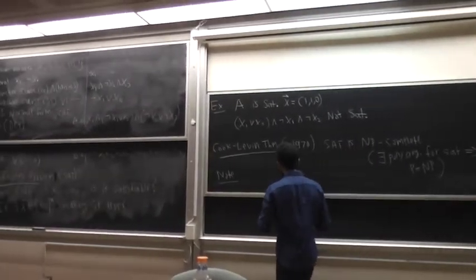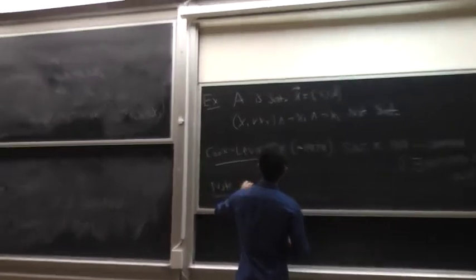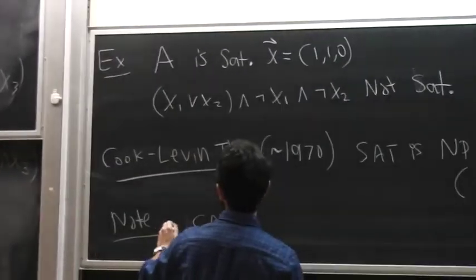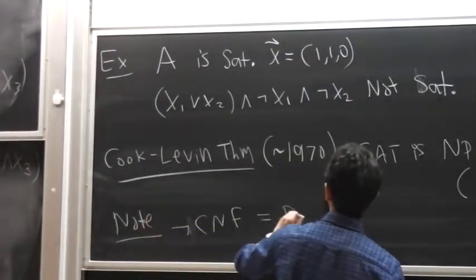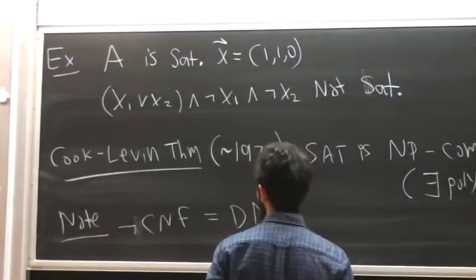So anyway, going back here, if we have a CNF, notice that if we take its negation, it's going to be a DNF. That's just like De Morgan's law.